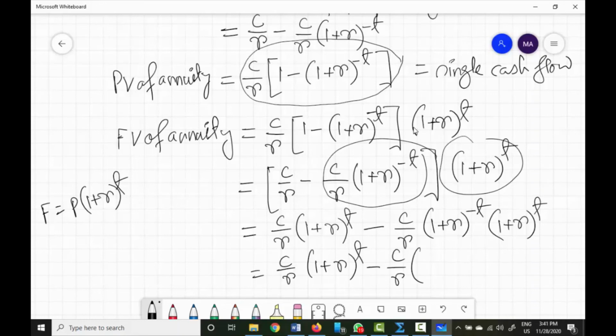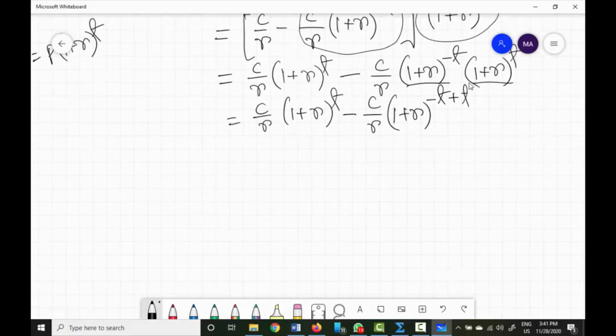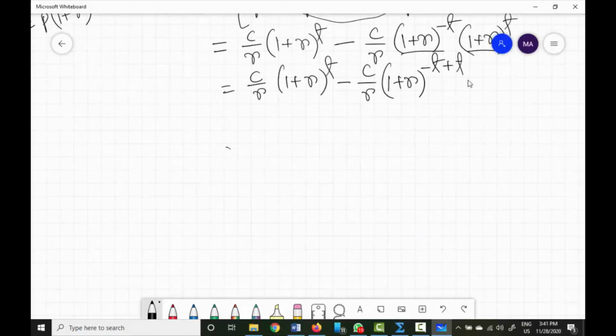Here as you can see, here also base 1 plus R, here also base 1 plus R. So the powers will be added together. So we will have (1 plus R) power minus T plus T. So this T and this T will cancel each other out.